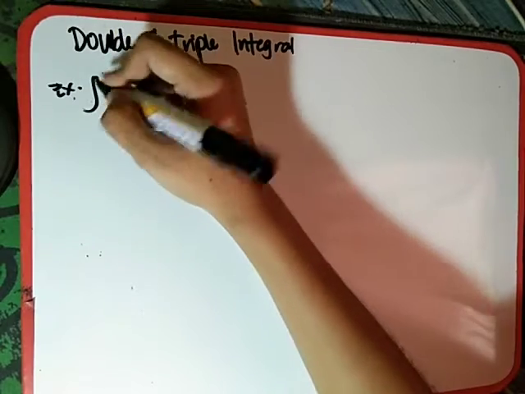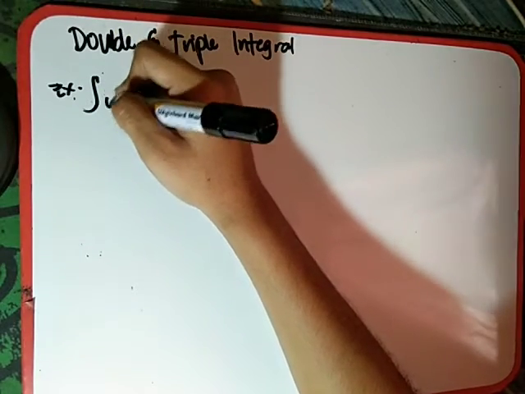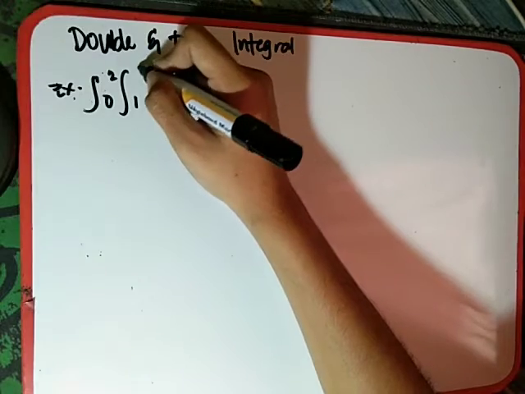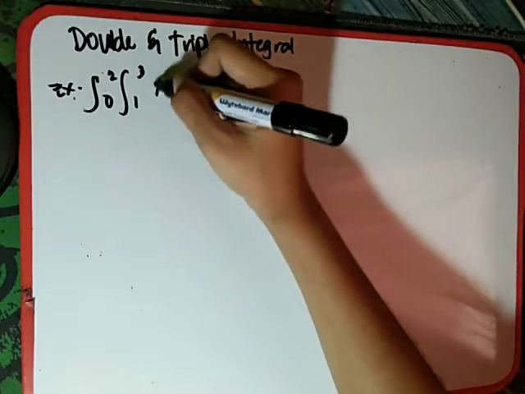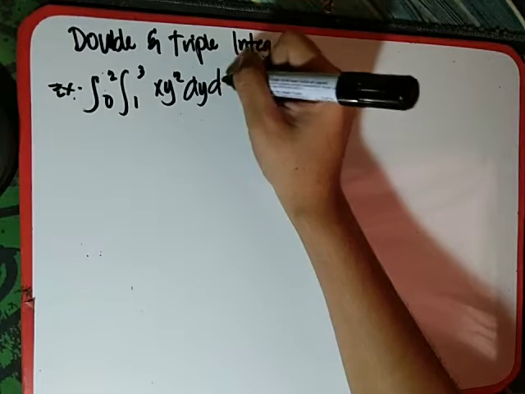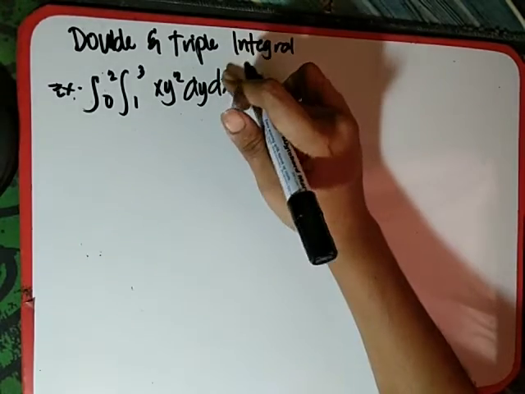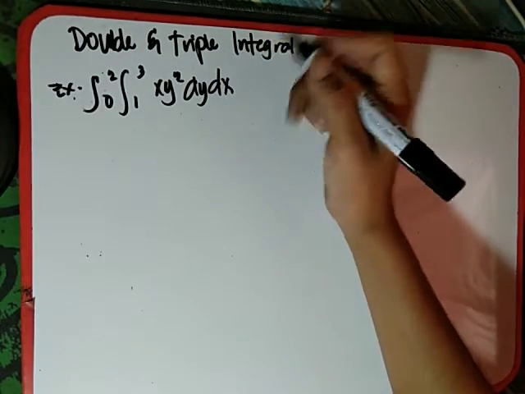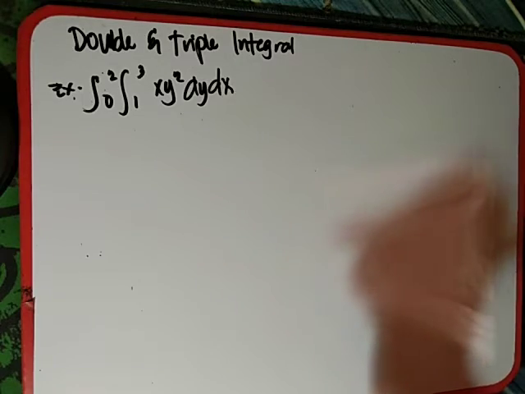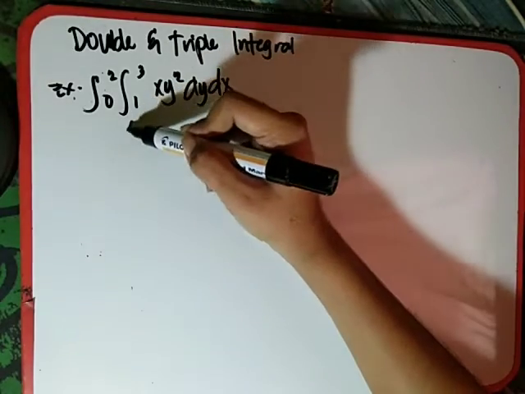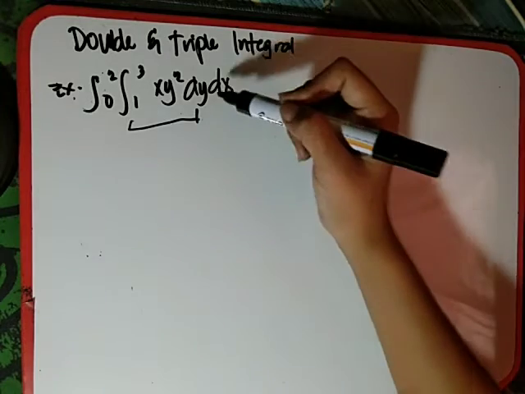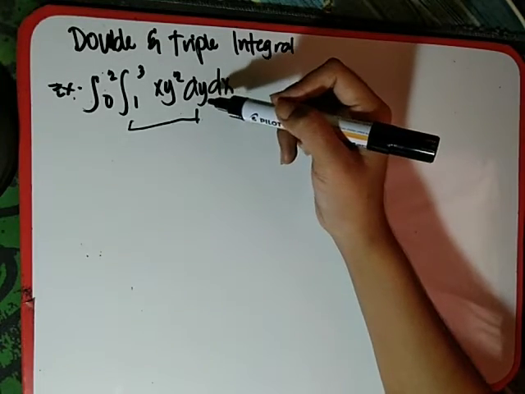Integral of 0 to 2, integral of 1 to 3, xy squared dy dx. So remember that 1 and 3 correspond to the two y values.